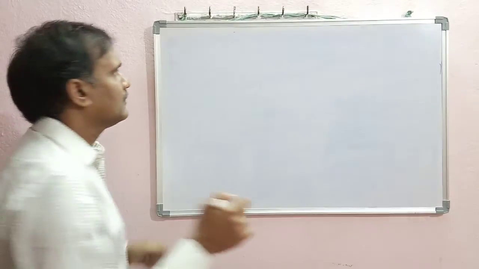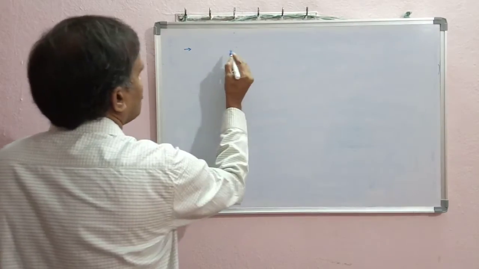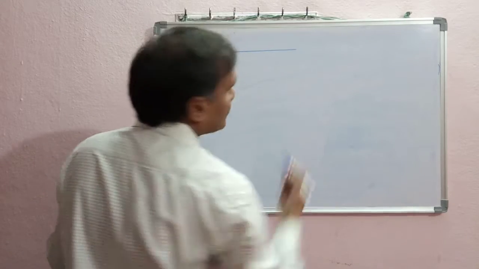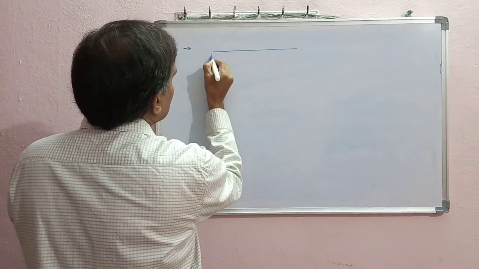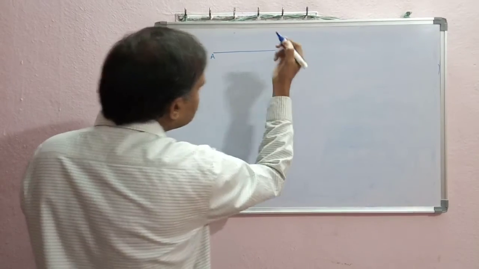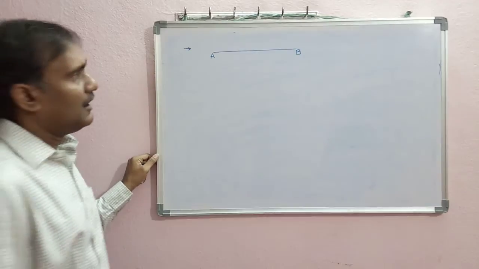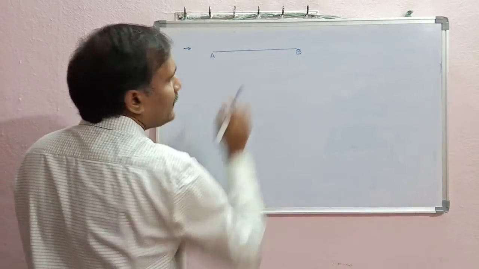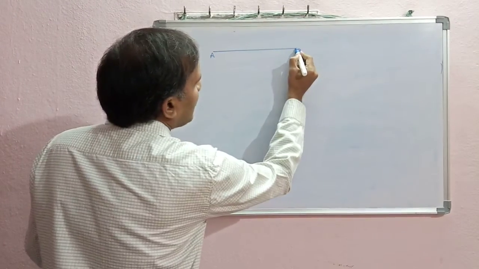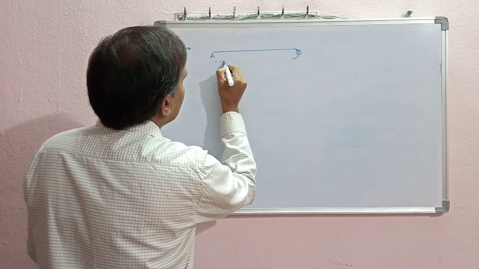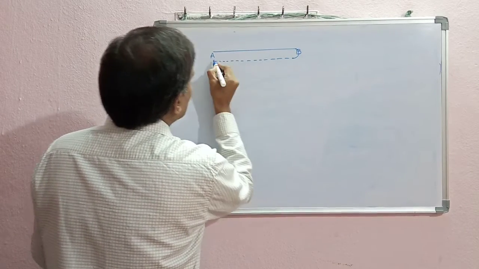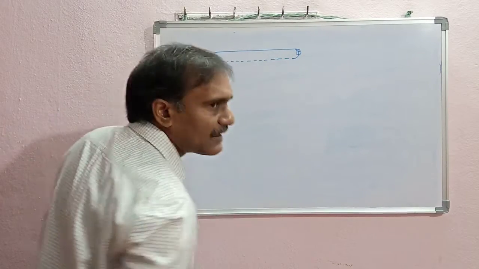Okay, next one. A particle is moving along the straight line. It moves from A to B, and again it returned back to A along the same path.